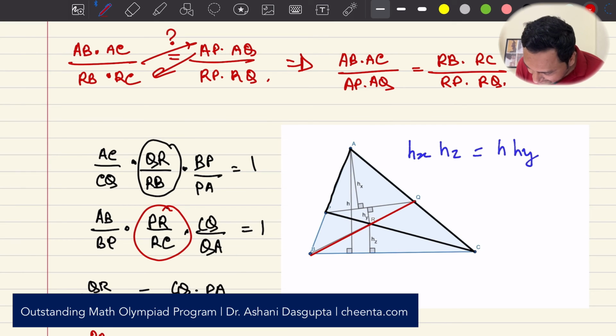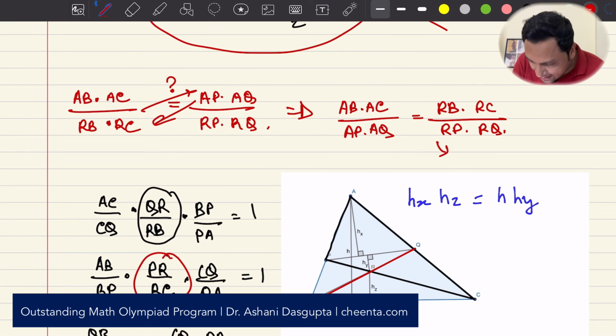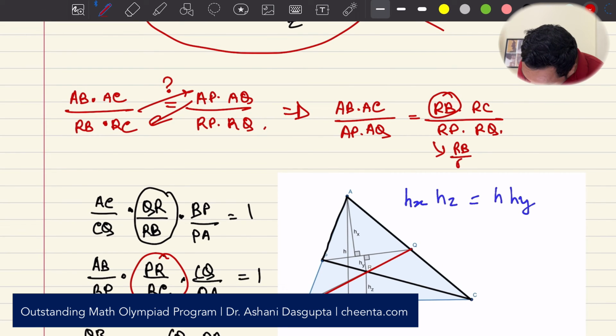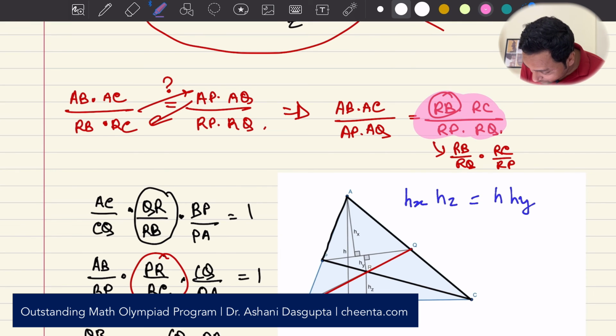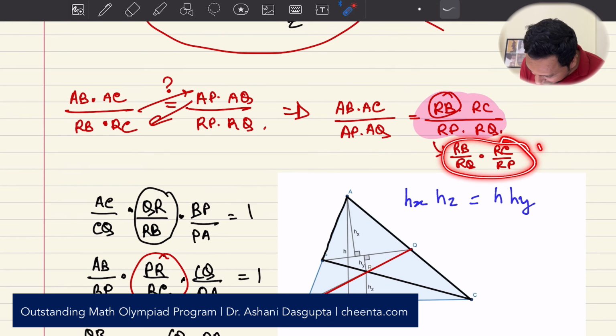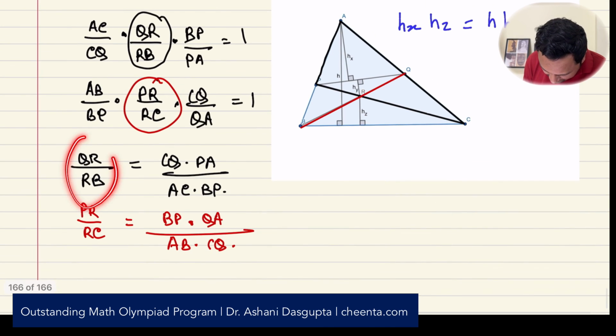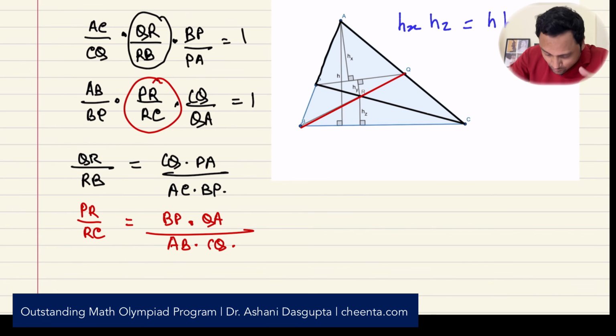So on the right hand side, I have this thing, RB by RQ times RC by RB. That's what I have on the right hand side. So I want this product to be equal to AB times AC divided by AP times AQ. So let's see, I have found two expressions. Actually, these are like the flipped ones. So I'll just multiply them.